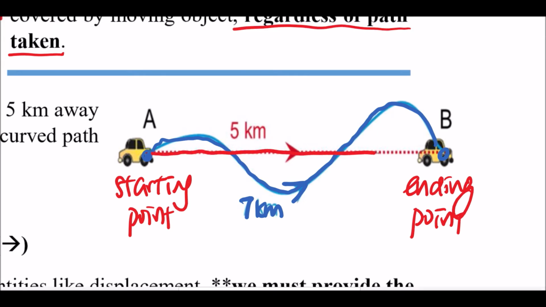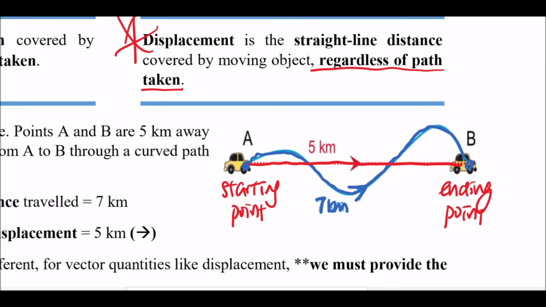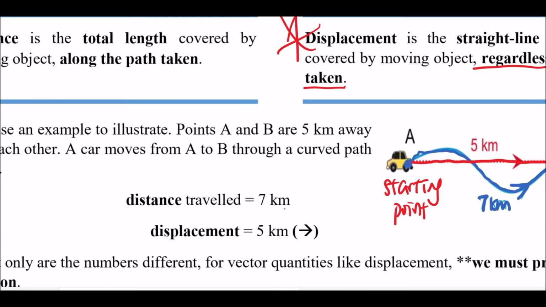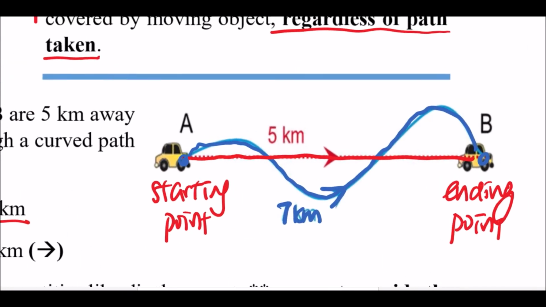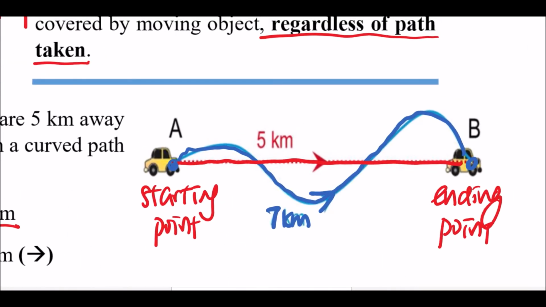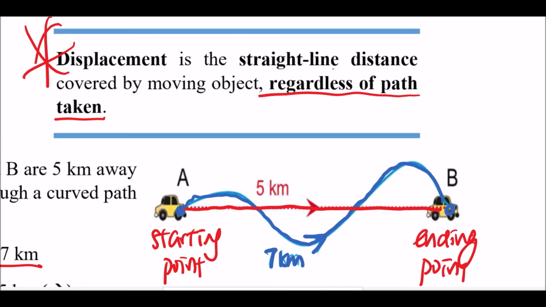While point A and point B are at a distance of 5 kilometers if you just take the straight line. So in this case, what is the distance traveled by the car from point A to point B? Answer is 7 kilometers, because it took the curvy blue path. But what is the displacement? Recall the definition. Displacement is the straight line distance from the starting point to the ending point.